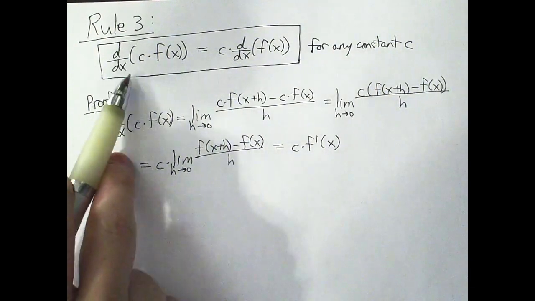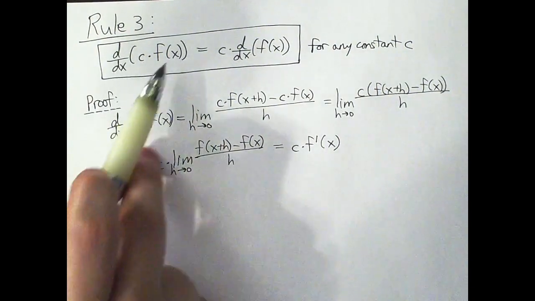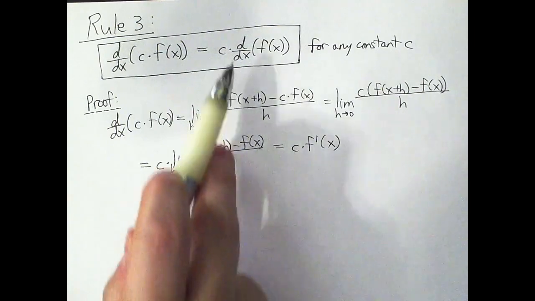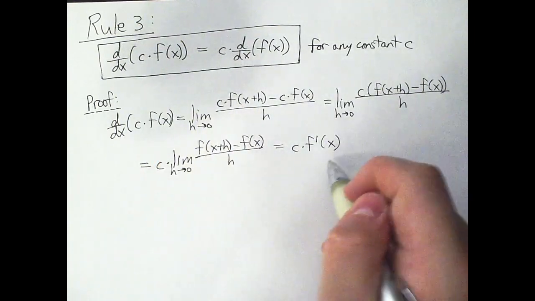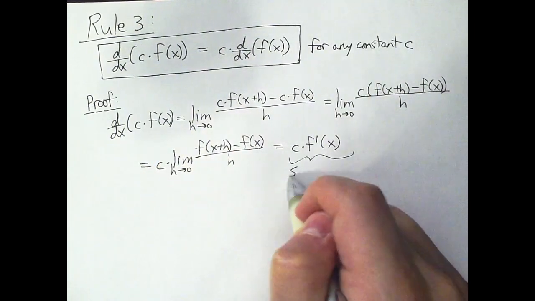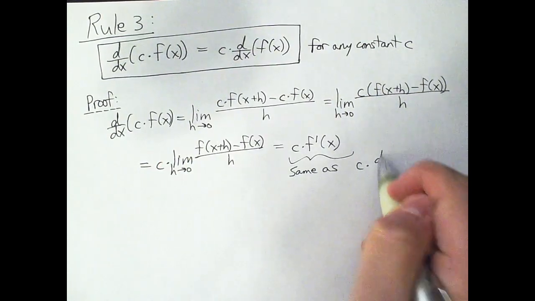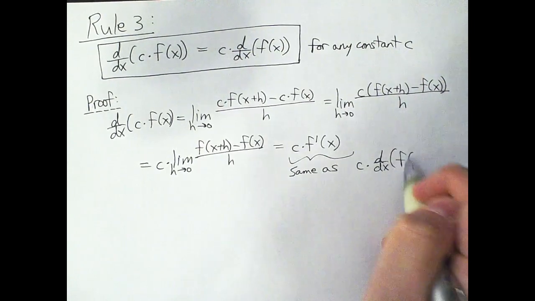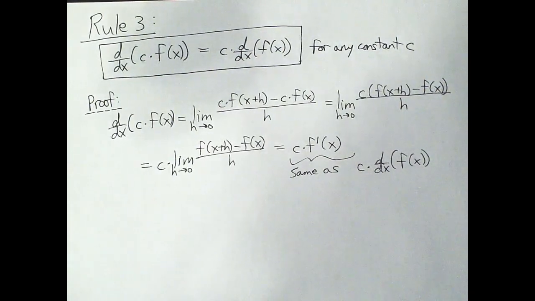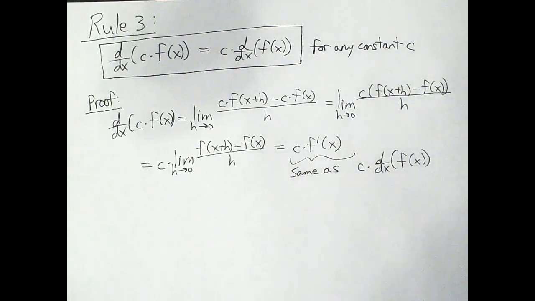Because we started with the left-hand side of the rule, and we did show that it equals the right-hand side of the rule. This is just different notation, but it's the same as c times d dx of f of x. That means the same thing. We just write it with the prime symbol sometimes. So that means rule 3 is true.